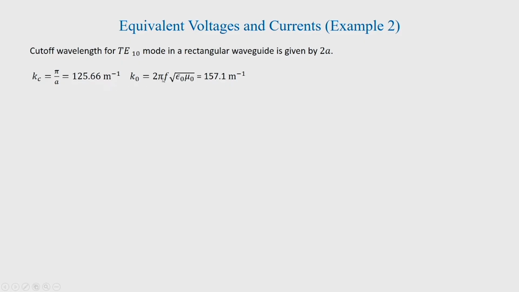Similarly, k naught is 2 pi f root mu naught epsilon naught, and that can be calculated for the given frequency 7.5 gigahertz to be 157.1 per meter.